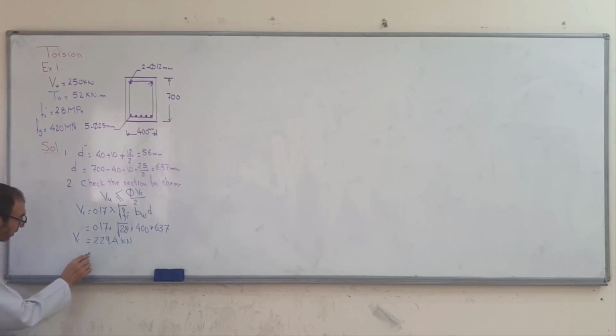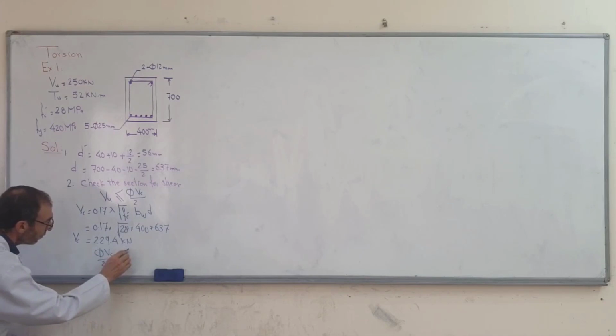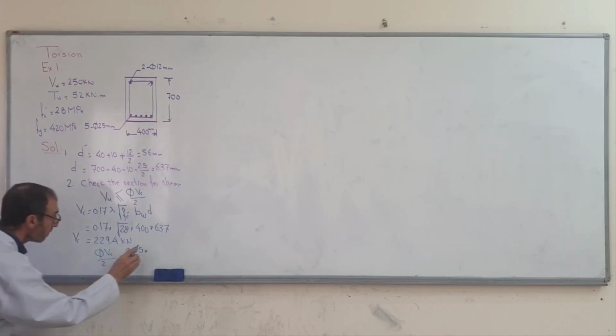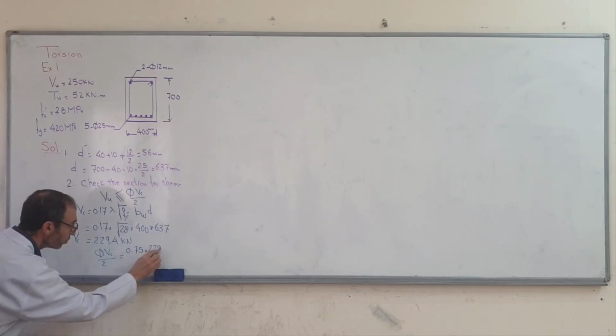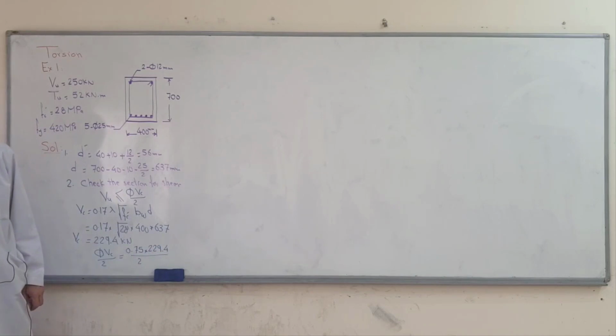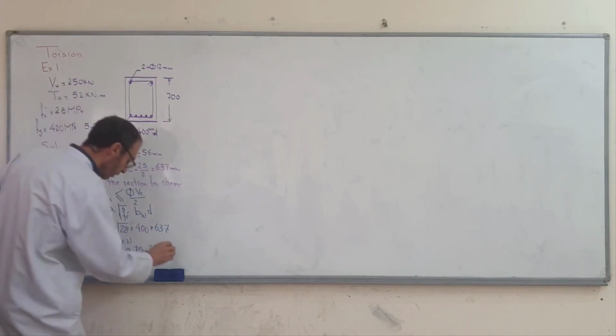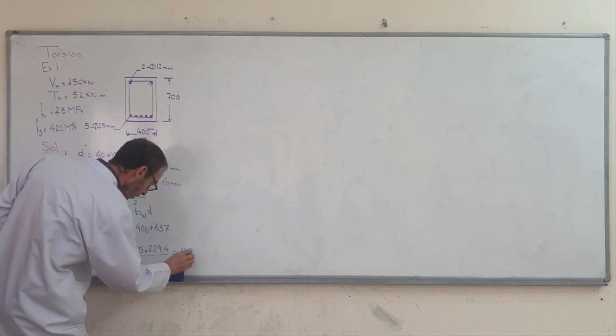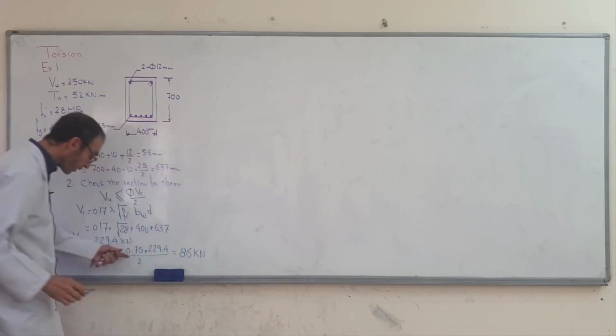Phi Vc over 2, with phi 0.75 in shear, equals 86 kilonewton. This is the resistance for shear.